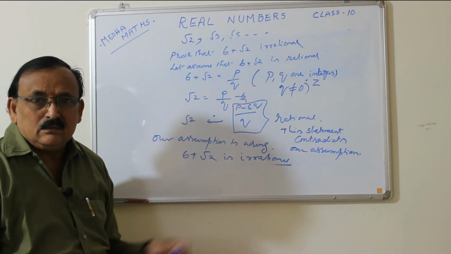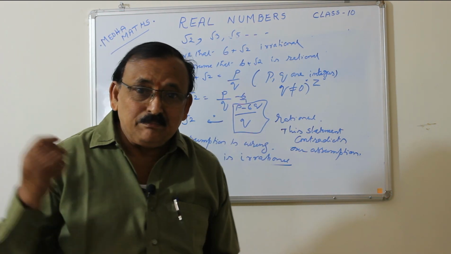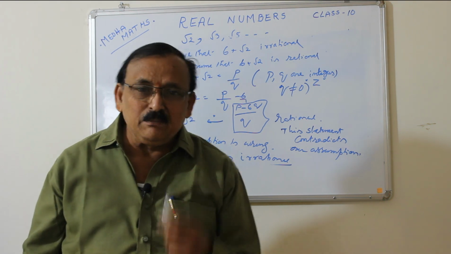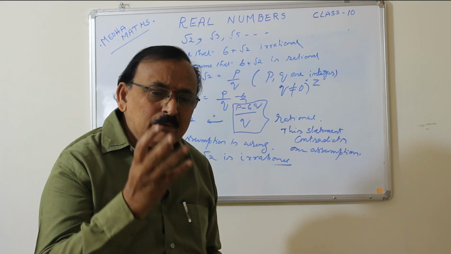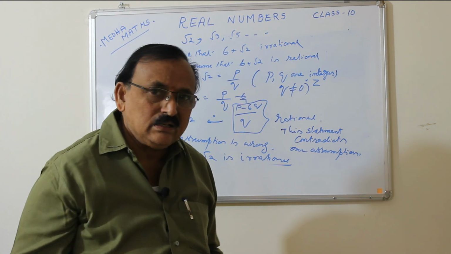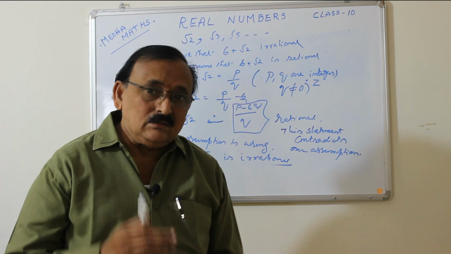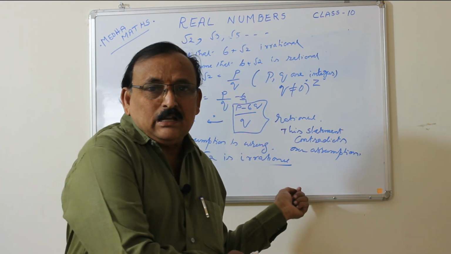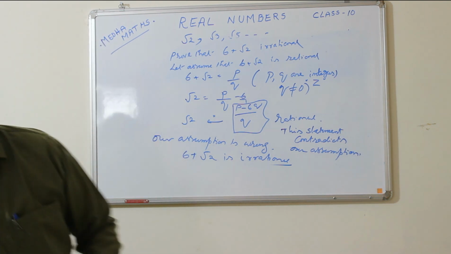Please copy it, and we will go for the next important key sum. That is very much important. Either in board papers or NCERT or any other exams like ICSE, it comes. I am going to explain. That sum is very much important.